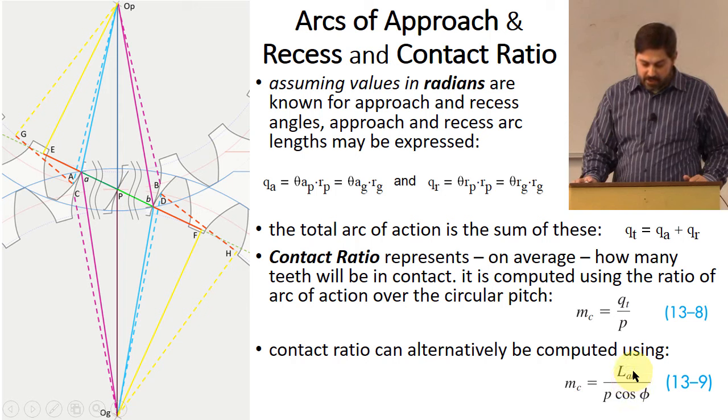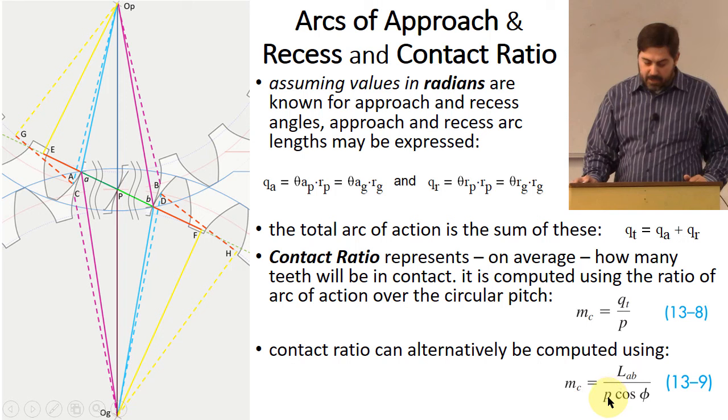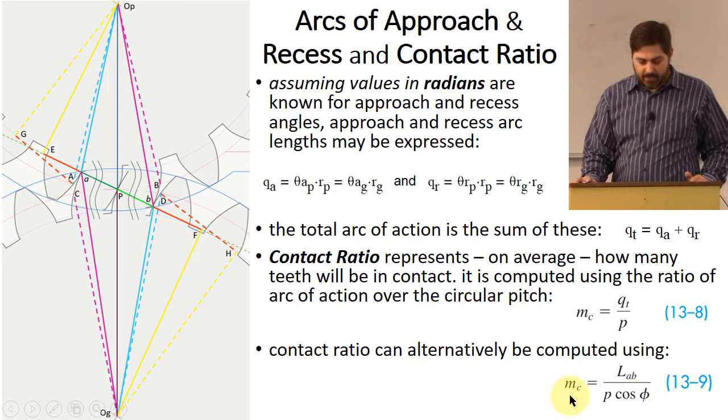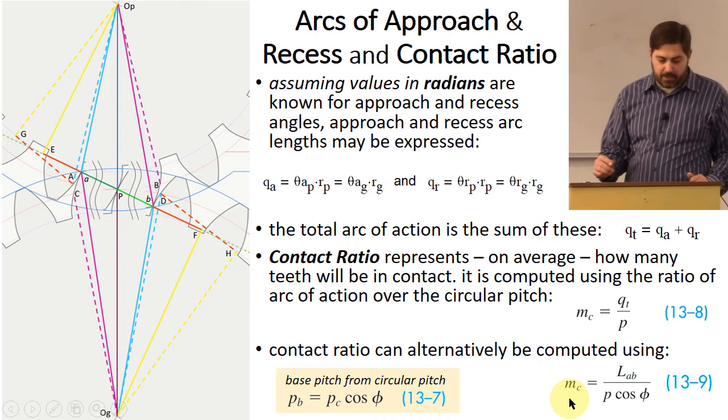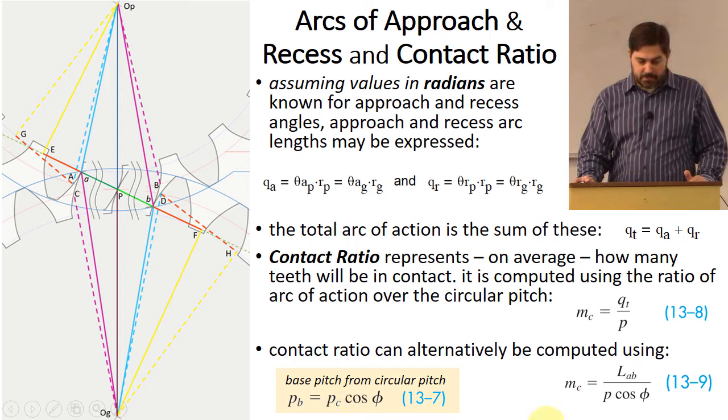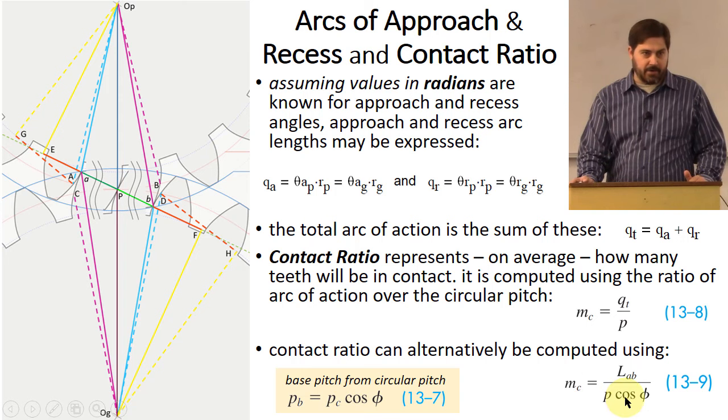LAB is a length that is appropriate to compare with base circle lengths, and therefore you take a pitch that goes along the base circle as opposed to along the pitch circle. You get that by multiplying by the cosine of the pressure angle. That equation is another spot in the book where you get the base pitch as opposed to the circular pitch. That's basically what they're doing in this denominator right here.